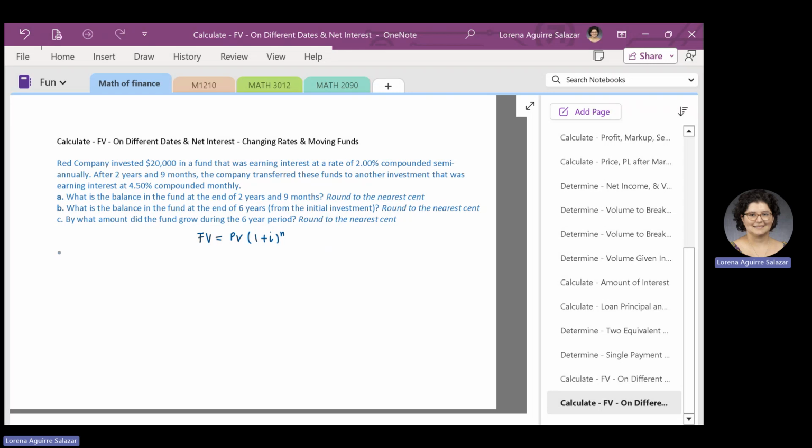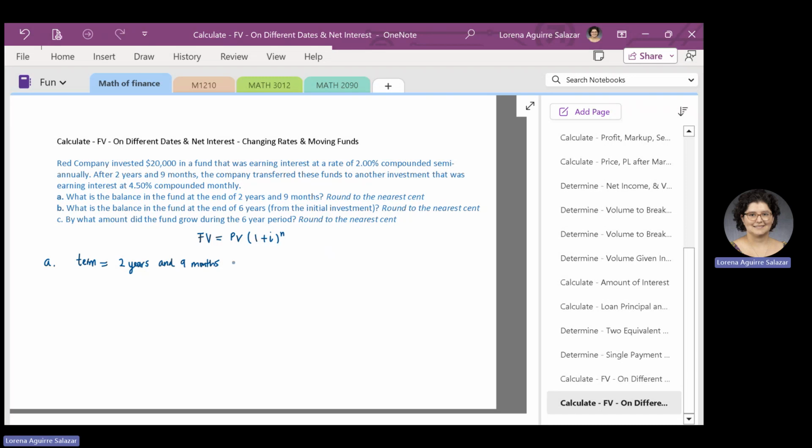For part A of this problem, the term is given by 2 years and 9 months. The time period is the period during which the interest is calculated, and it's always converted to years.